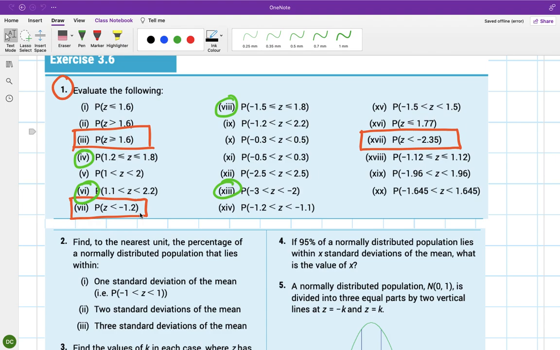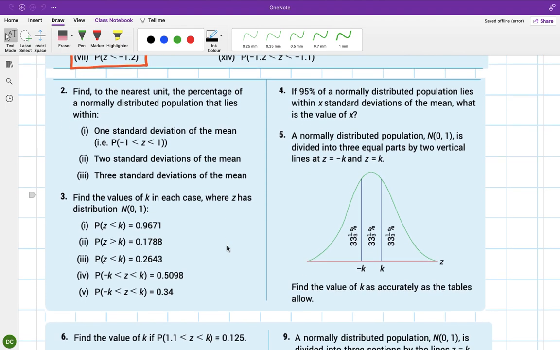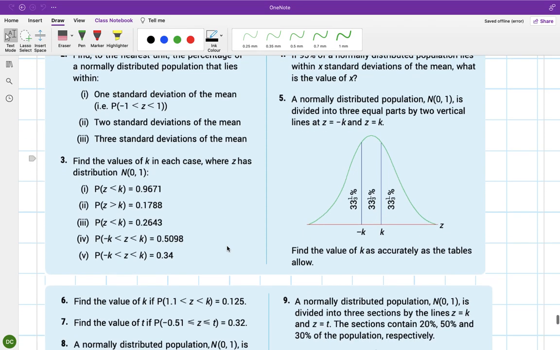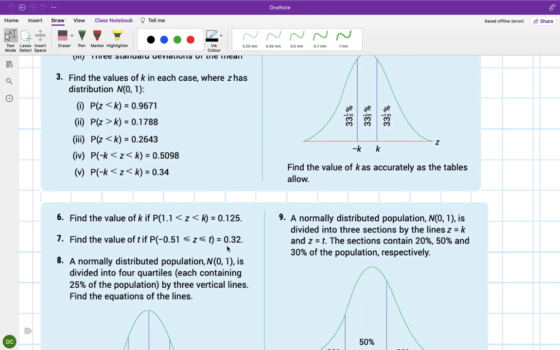Maybe do that one. Oh, maybe have a look at 6 and 7. Can you figure them out as well?